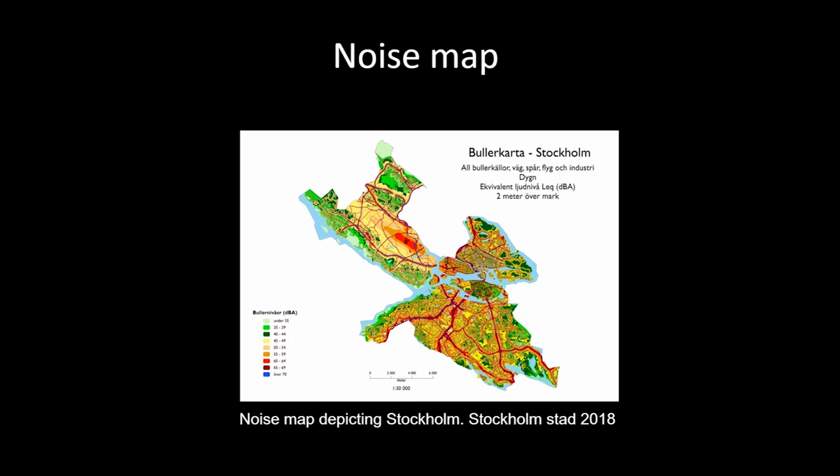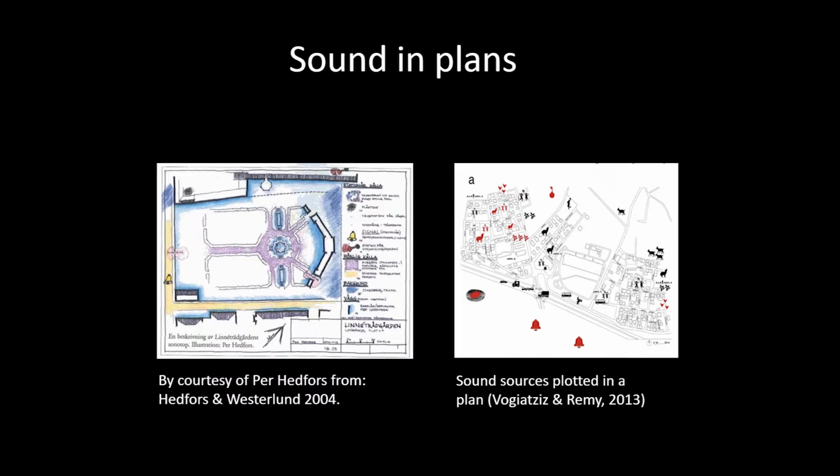There are many things that it does not say. So there have been attempts to work in the same kind of overview way and then work with illustrative techniques to give a more precise idea about what kind of sounds there are, because the noise map is only giving us the sound pressure levels. For instance, if it is an ocean, it does not necessarily say us anything about the experience.